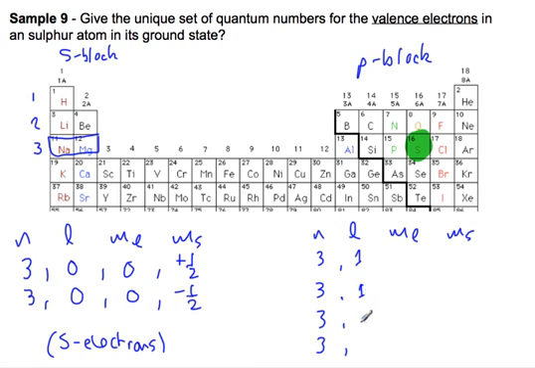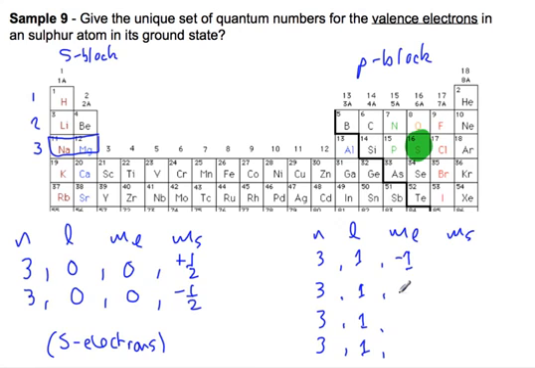That's the subshell, the P block. So they're all going to have a value of L equals 1. And now we have to come up with the value of ml. Well, the possible values of ml are -1, 0, and +1. And we have to half fill the orbitals before we go back and pair up the electrons. So let's start with -1.